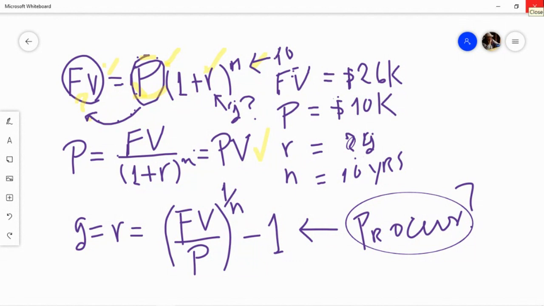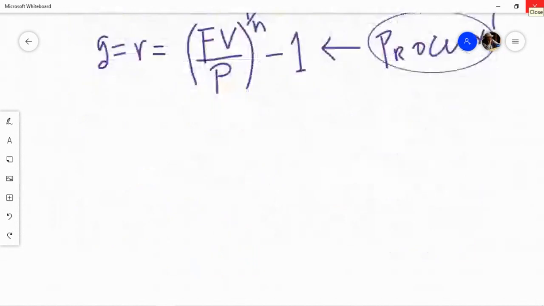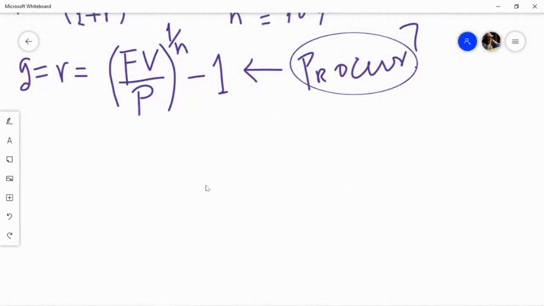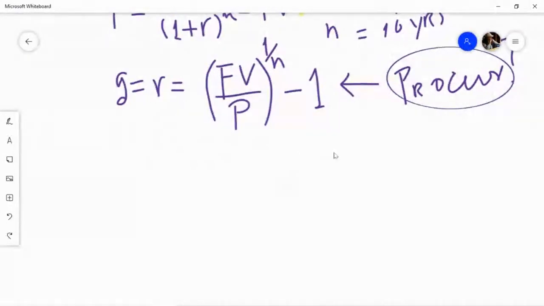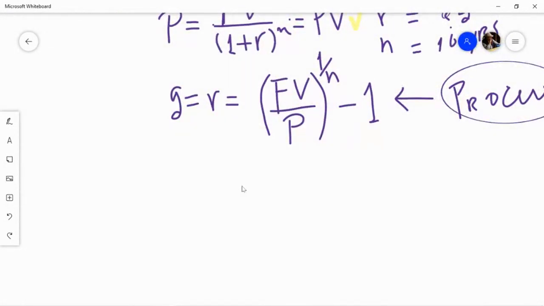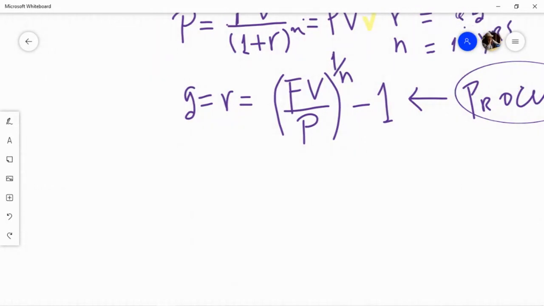Now then, let's think about how we arrive at this formula. This is basically the formula to find the rate, okay? And in this case, it's only the growth rate, not the return in scenario two.